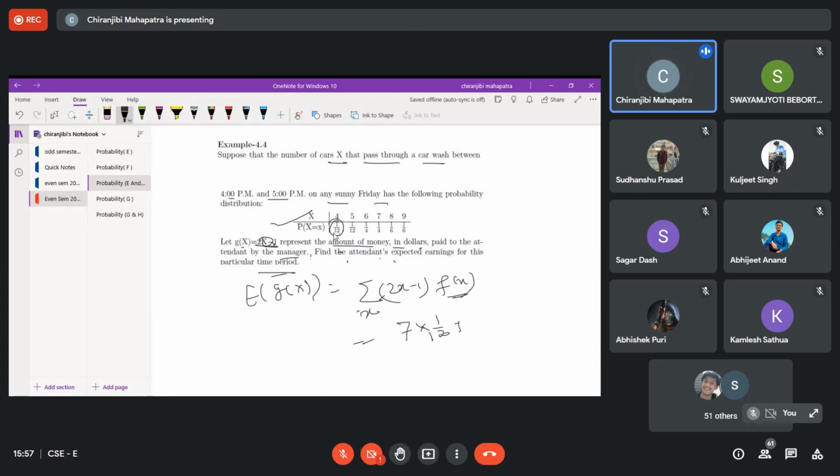Then plus 2x minus 1, if you put 5 here, 10 minus 1, 9, into the probability 1 by 12, plus similarly here the value of x is 6, into 2 that is 12 minus 1, 11, into 1 by 4, plus 7 into 1 by 4.